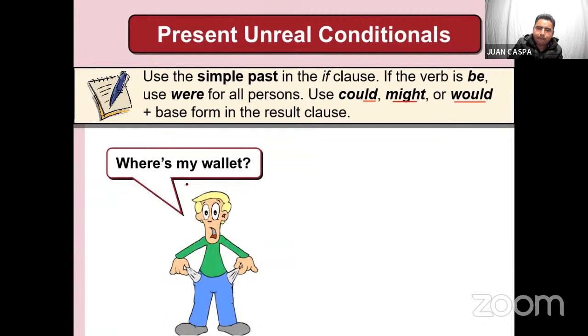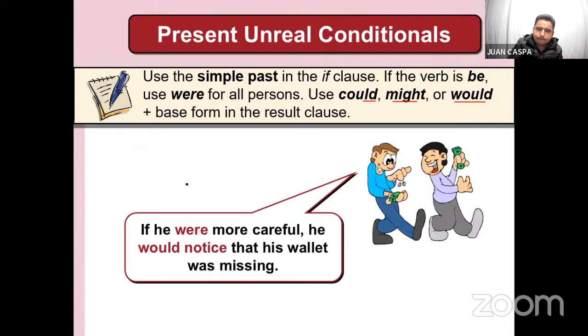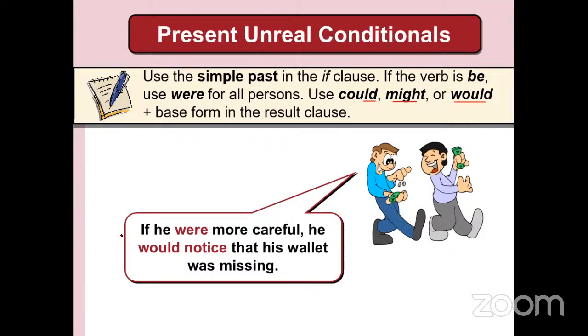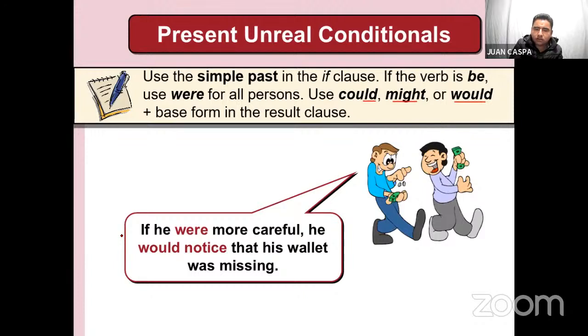Here we have, where's my wallet? Noelia, please, can you read? If he were more careful, he would notice that his wallet was missing. He would notice, right? If he were, if she were, if I were, all the time.